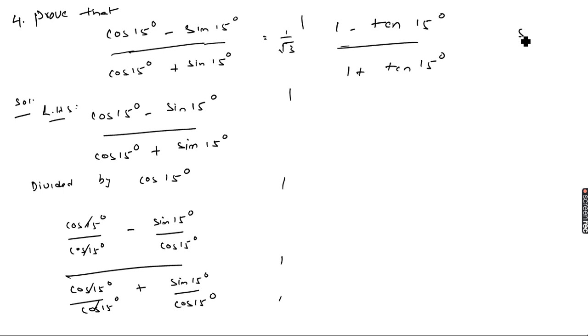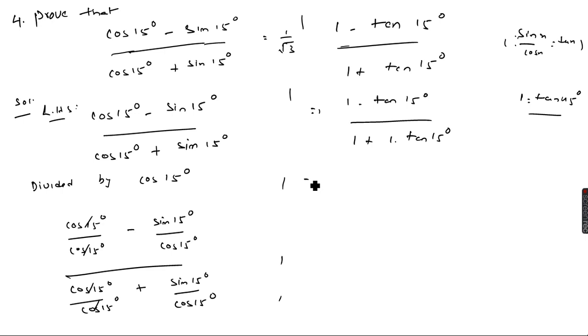So sin x by cos x is nothing but tan x. And it can be written as 1 minus tan 15 degree by 1 plus 1 into tan 15 degree. And 1 can be written as tan 45.